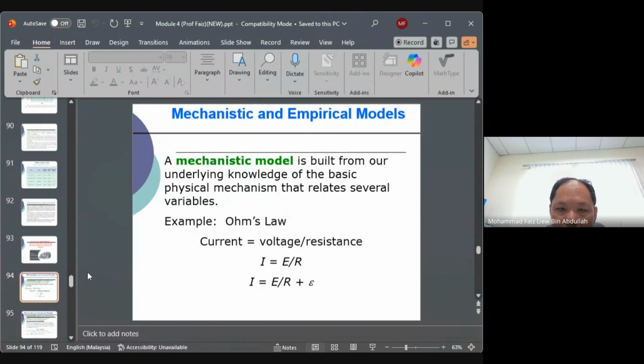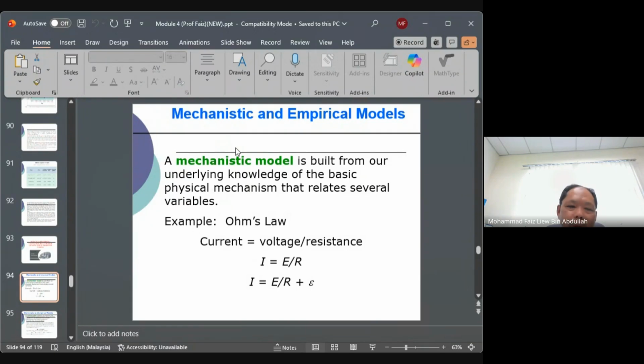So usually when we link to theory, of course we link to all these equations, the equations that you have studied and referred from books. For example, this is talking about mechanistic and empirical models. You have done some experimental work, so how do you get that value?